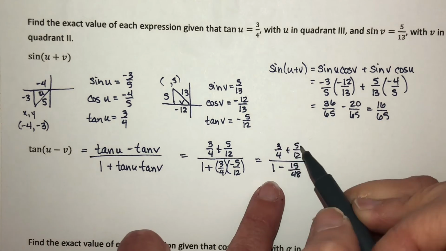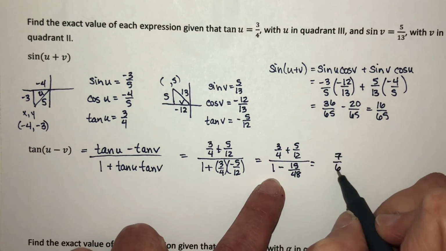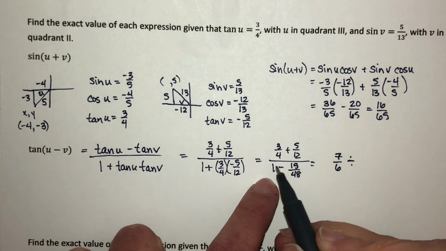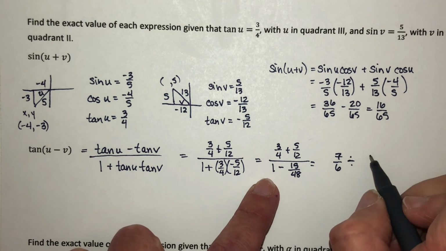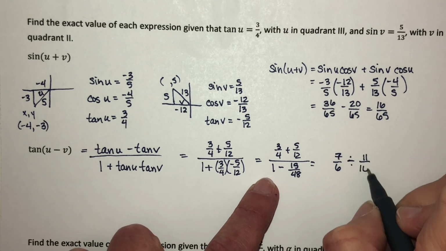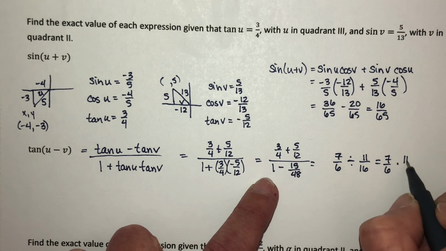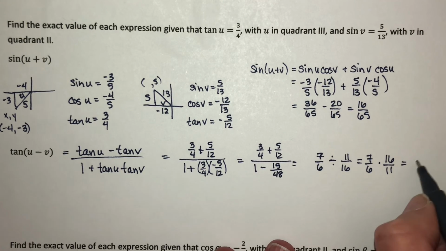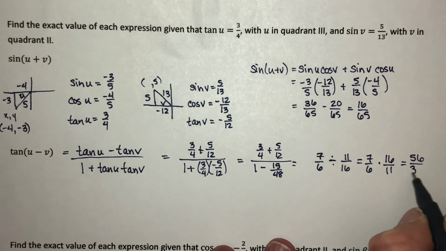If you get a common denominator and add here, you get 7 over 6, and this is going to be divided by, when you do the subtraction here, 11 over 16. And then that's 7 over 6 times 16 over 11, which gives you 56 over 33.